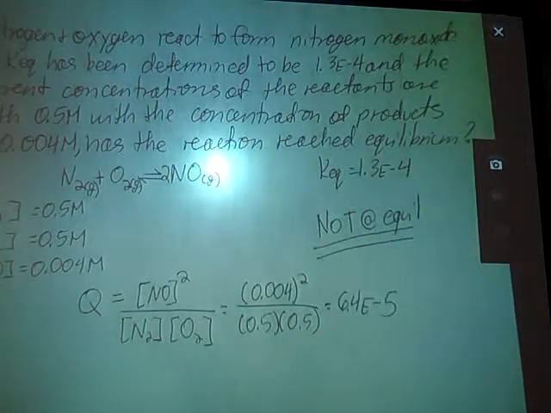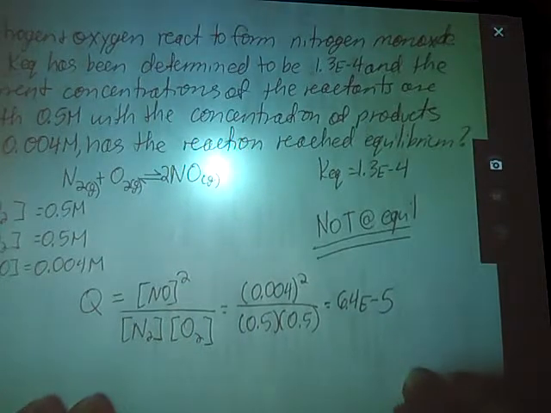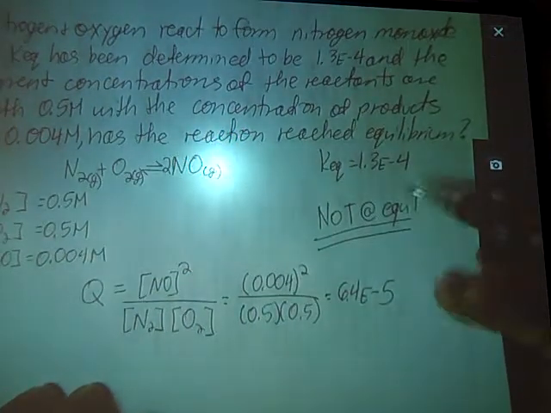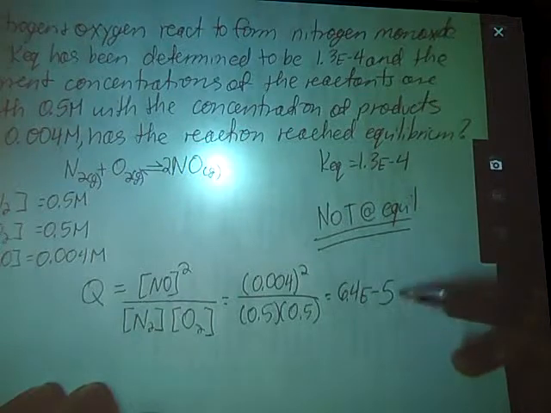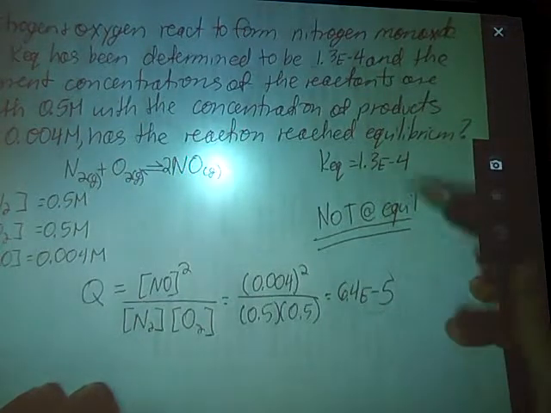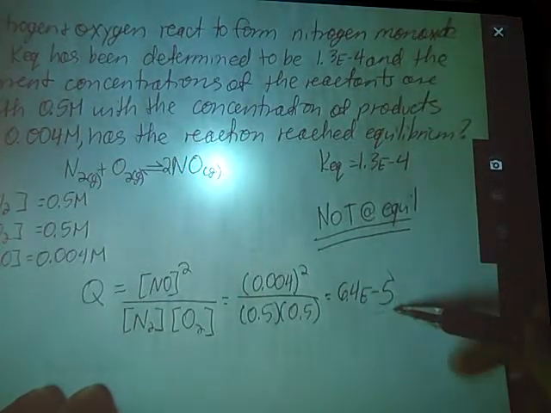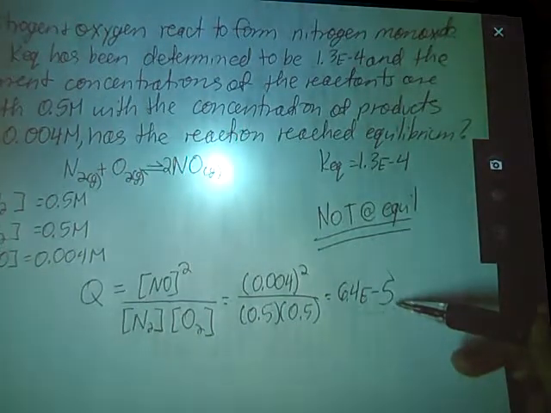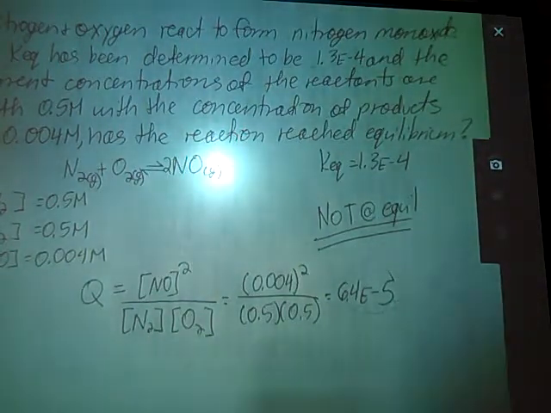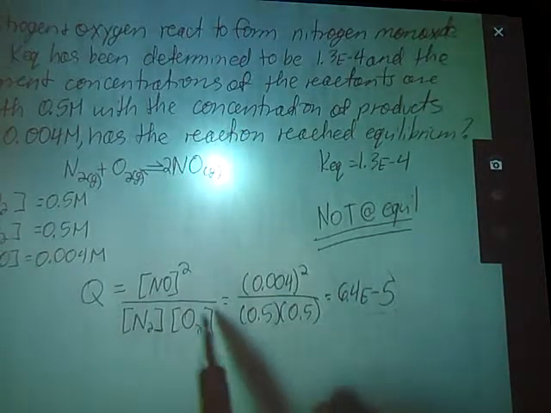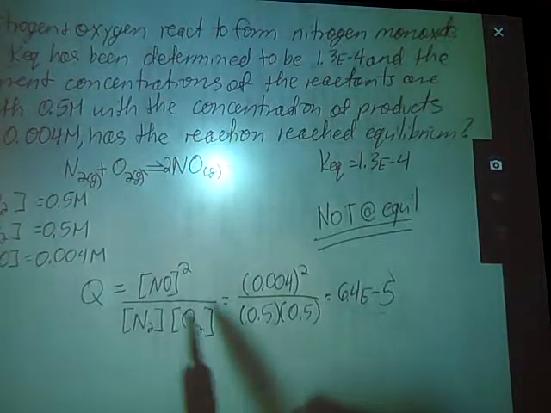But let's see if we can figure out which way we need to shift. If I look at my two numbers here, if I look at my Q compared to my K, my Q is smaller than my K. Smaller decimals mean higher concentrations of the stuff on the bottom. We're dividing by bigger numbers.